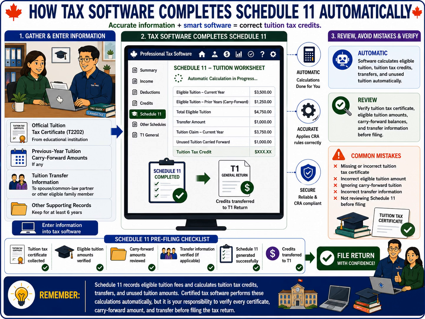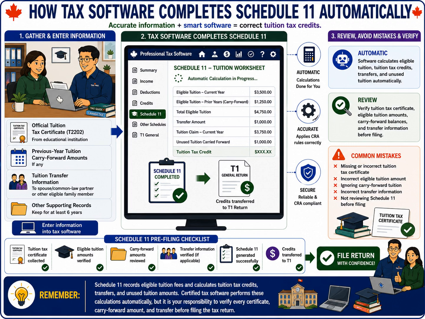During this process, the software records the current year's eligible tuition fees, reviews unused tuition carried forward from previous years, determines whether any eligible tuition amount can be transferred according to CRA rules, calculates the tuition tax credit available for the current year, and updates any remaining unused tuition that may be carried forward to future years. After these calculations are complete, the tuition tax credits are transferred automatically to the student's T1 general return.